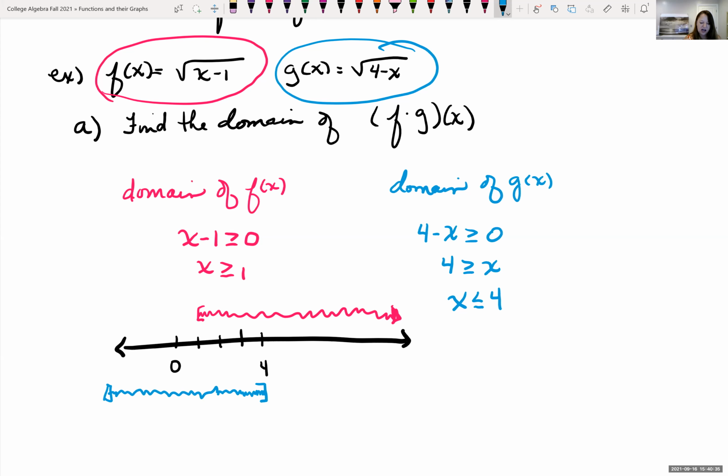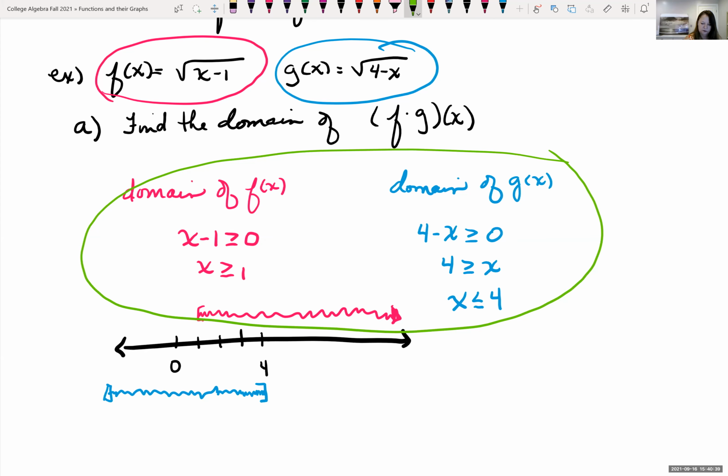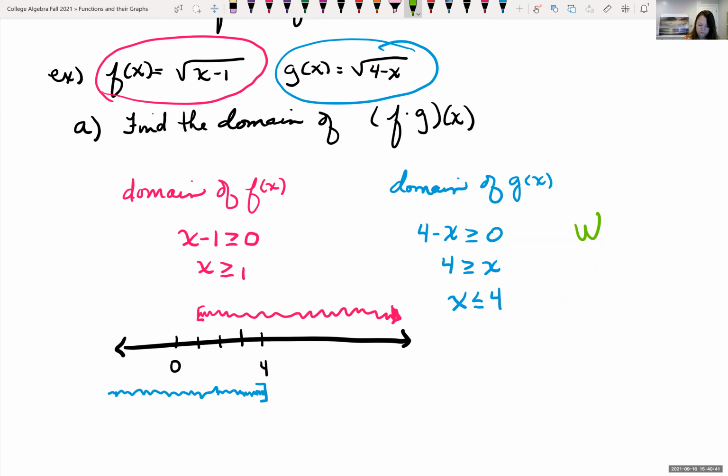So what the two sets share in common is the domain of that operation.